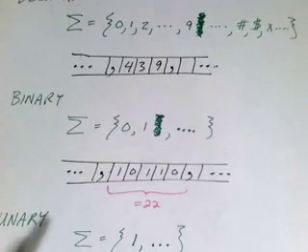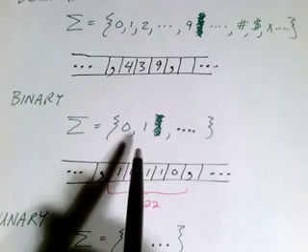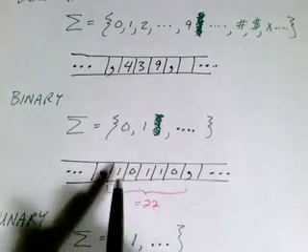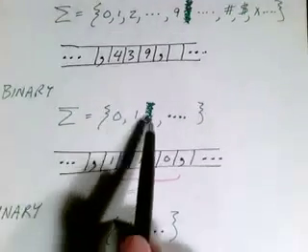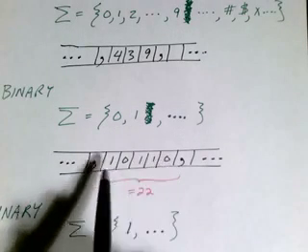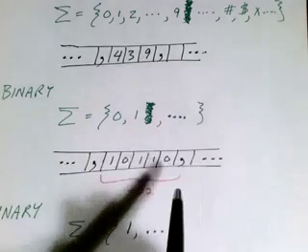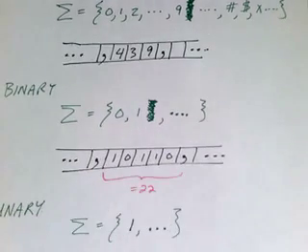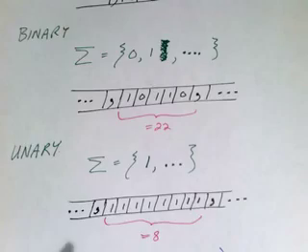In other situations, it makes more sense to represent numbers with binary values. So here we need fewer symbols in our alphabet. It may take a few more cells on the tape, but we can still represent every number this way. We can also represent numbers in unary.